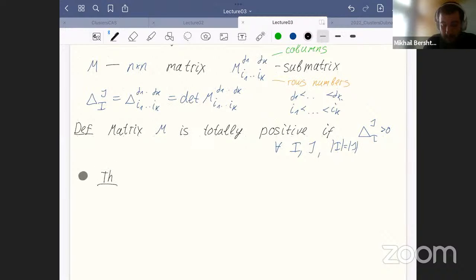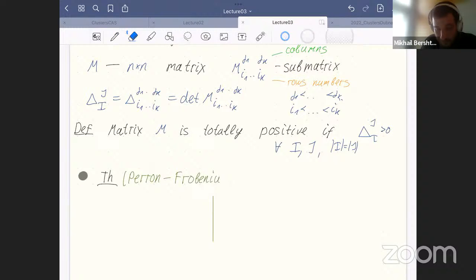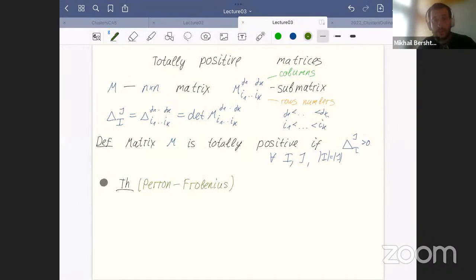So there's a theorem due to Perron-Frobenius, maybe the order should be opposite, I don't know why it is like this. Yes, the theorem by Perron-Frobenius states the following.